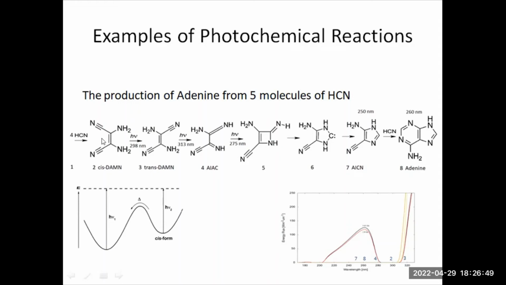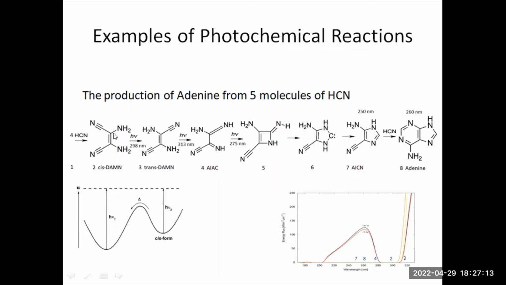Now, this absorbs photons at 298 nanometers. That corresponds to here on the graph of the UVC light coming in at the Earth's surface. There's not much light, it's not zero, but there is some light. And if it absorbs at that wavelength, that's where the maximum is. So there's a broad range, but this is the maximum, 298 nanometers.